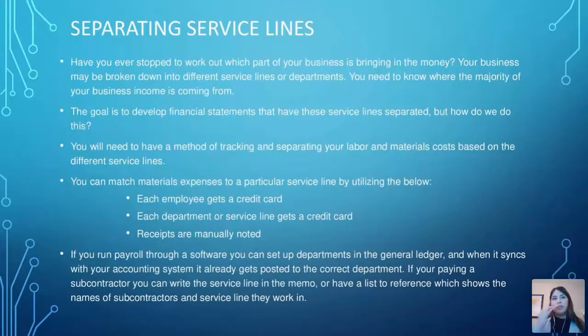This one is a little easier. You can have your general ledger set up with your payroll provider. What we do with ADP, Gusto, or Paychex, whatever our client has, is we get on the phone with those payroll providers and say, we need to have different divisions set up for this company, and these different employees work in this division.